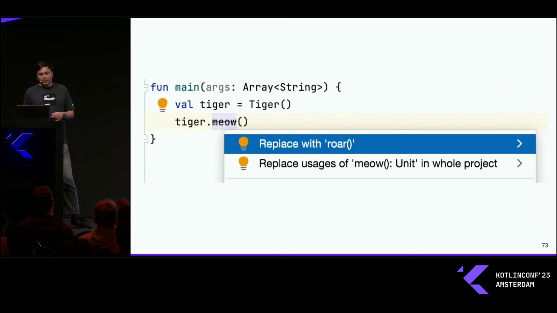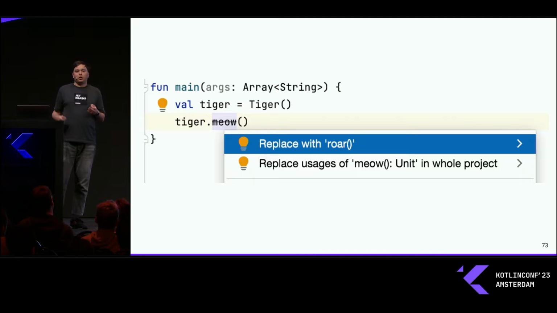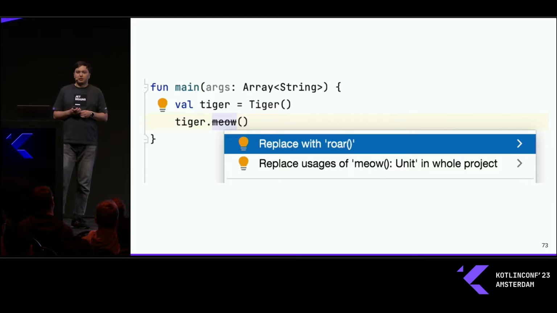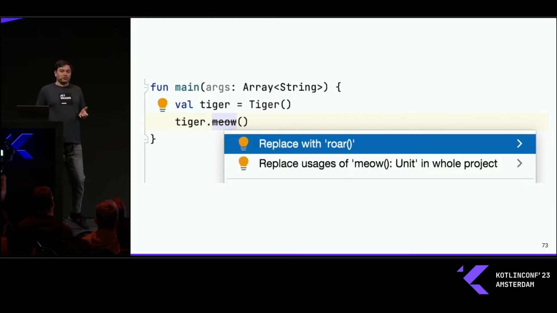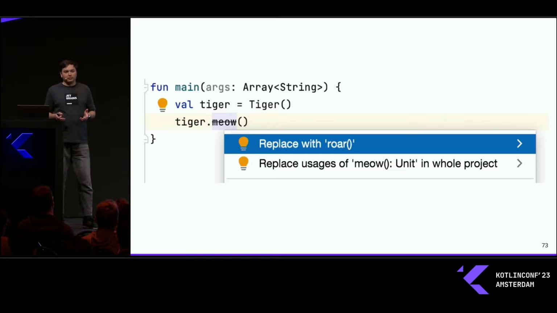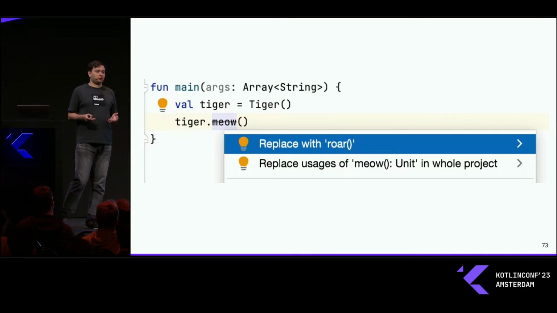And of course, we get all the actions: we have replace with, or we even have replace usages in the whole project. So if it is a simple replacement, the user can invoke these actions, and by doing this, they can migrate very smoothly and very fast to your new API.